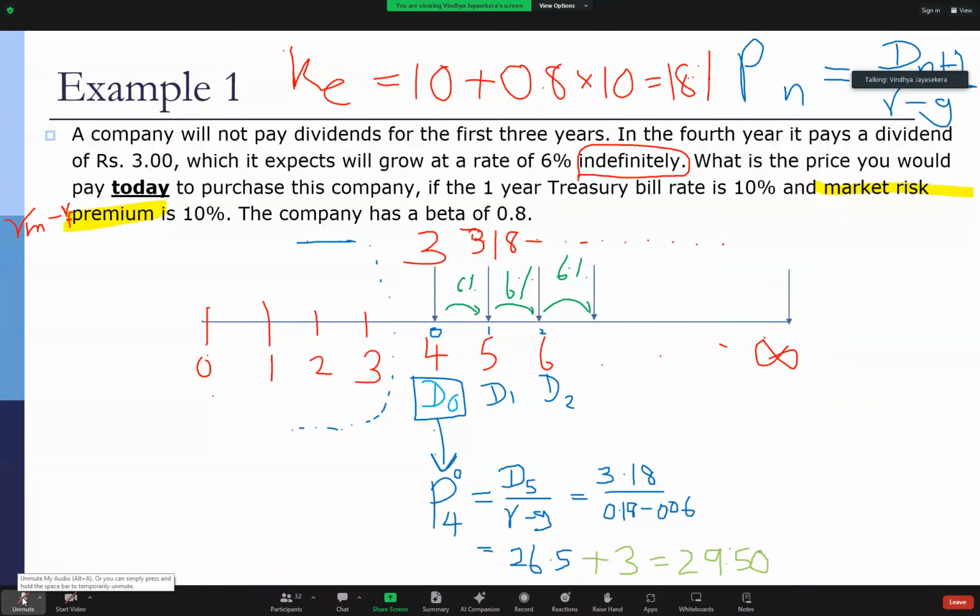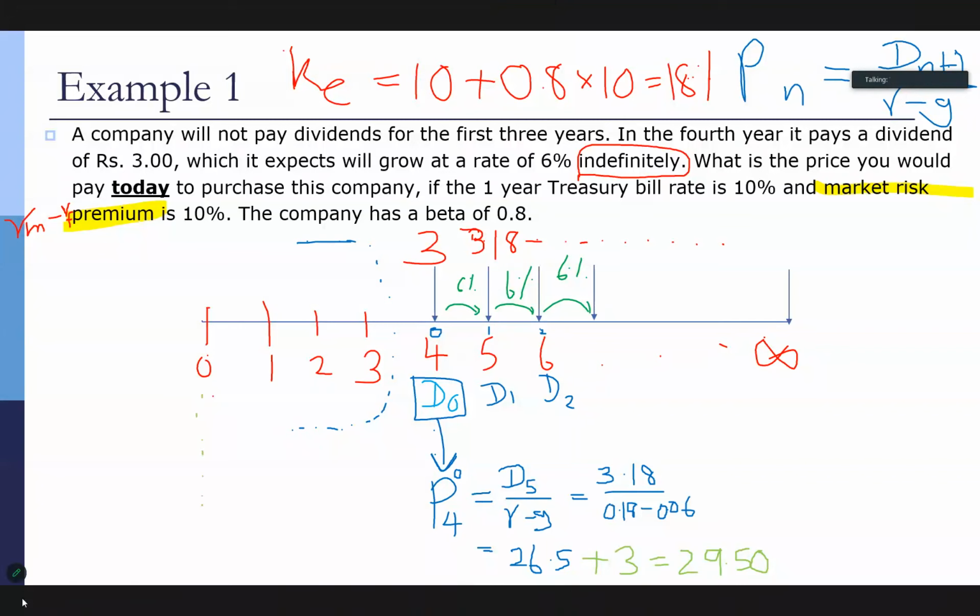Now, what's the next step that I have to do? I have to bring it to today's value. How much is this share worth today? What should I do?